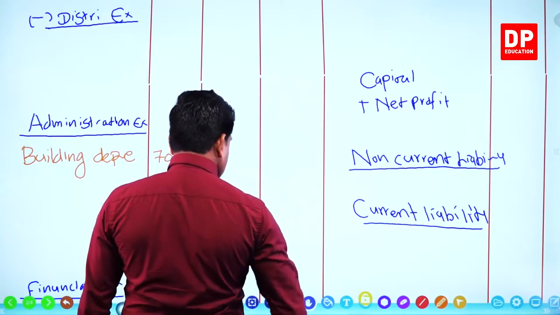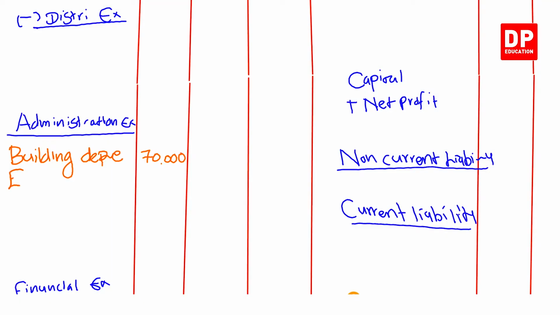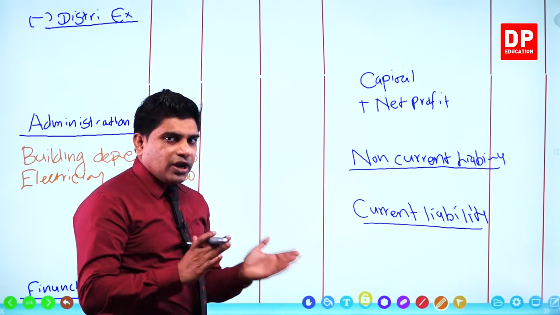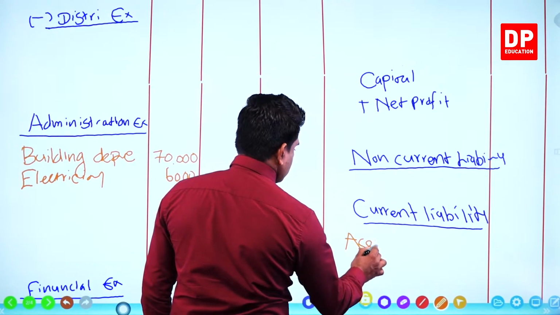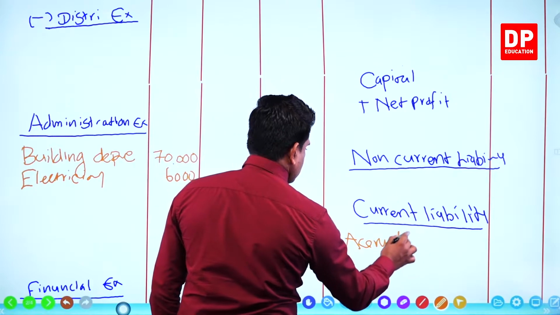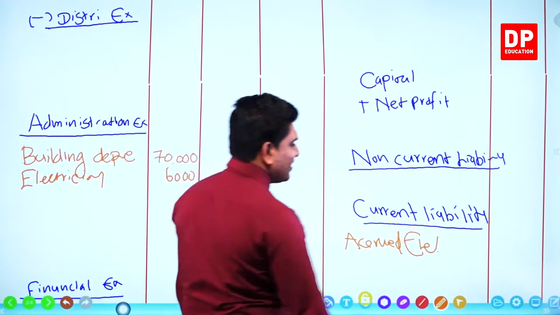Only the 1,000 rupees payable portion we write under the current liability, accrued electricity, 1,000 rupees.